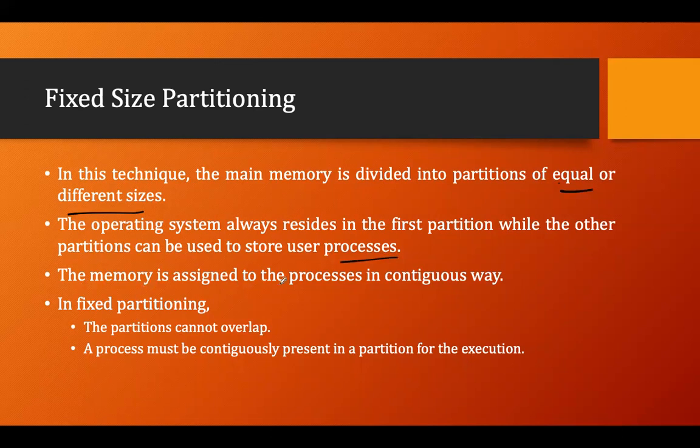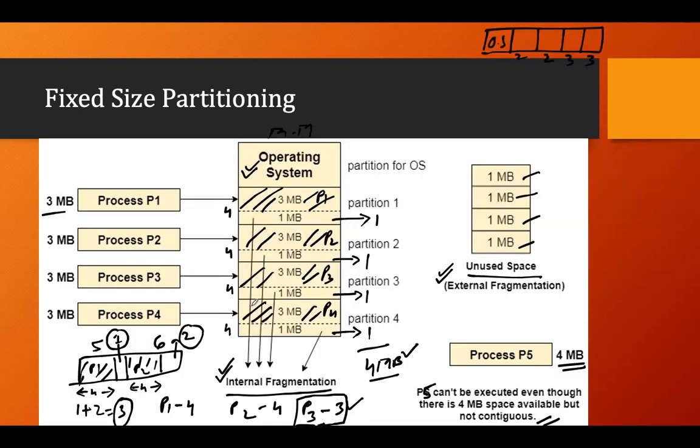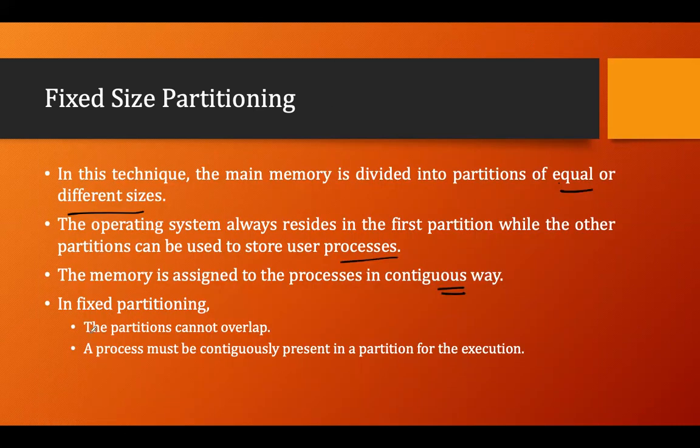The memory is assigned to the process in a contiguous way. In fixed partitioning, the partitions cannot overlap. The process must be continuously present in the partition for the execution.